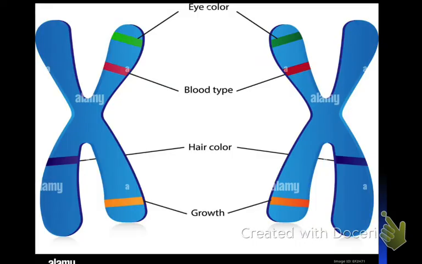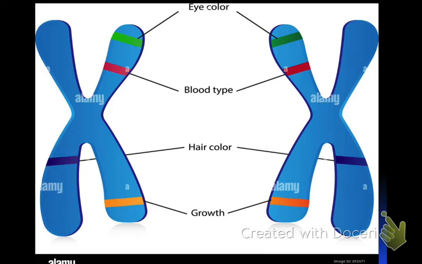So here's an example. We have these 2 homologous chromosomes. On each chromosome, we have a gene that codes for your particular eye color. Now, this looks kind of simple, and eye color is not just coded by one gene or one allele. There's like hundreds of different alleles that are going to give you your eye color. If not, everybody that had brown eyes would have the exact same shade of brown.